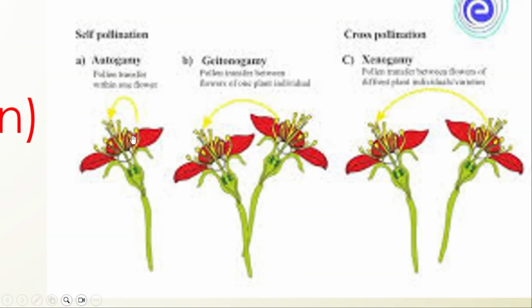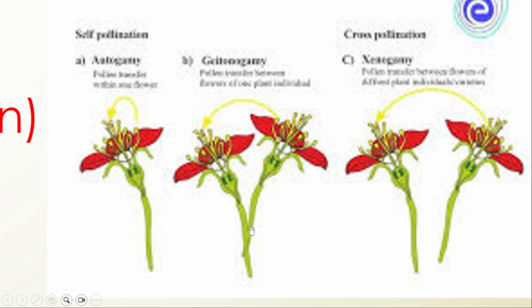See, if the pollen grain of the same flower is transferred to the stigma of the same flower, then it is called what? Autogamy. Auto means self. Geitonogamy means the pollen grain of a flower is transferred to the stigma of another flower of the same plant.